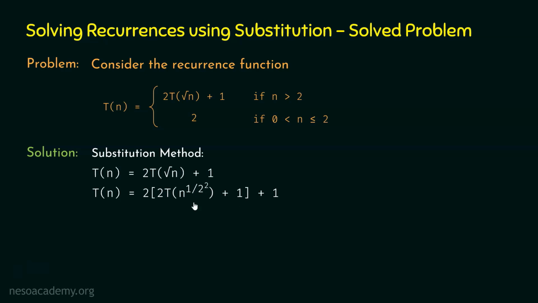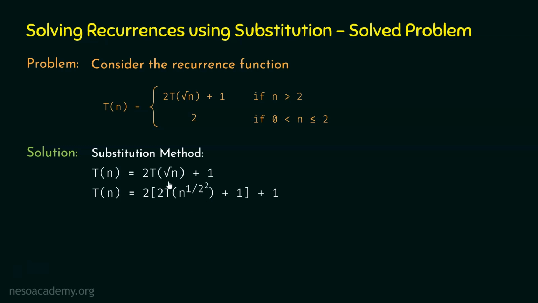I have used these square brackets to indicate that this expression represents T(square root of n). Here we have 2 times T(n^(1/2)^(1/2)). Now you might be thinking why I have written n power 1 by 2 square here in place of square root of n. Think about it. What is the meaning of square root?